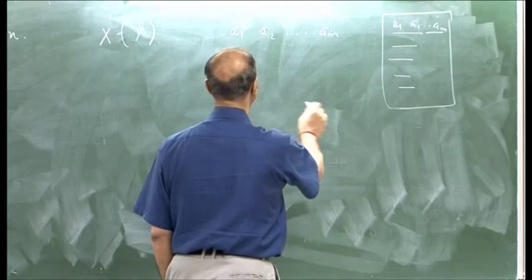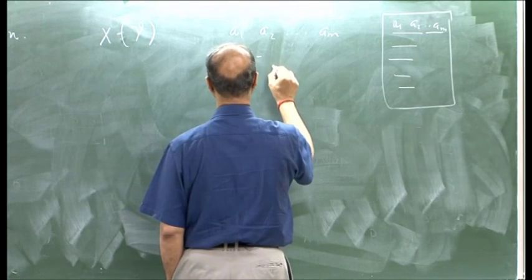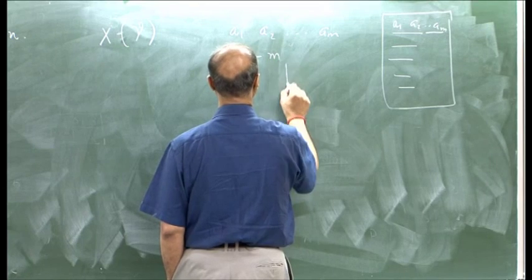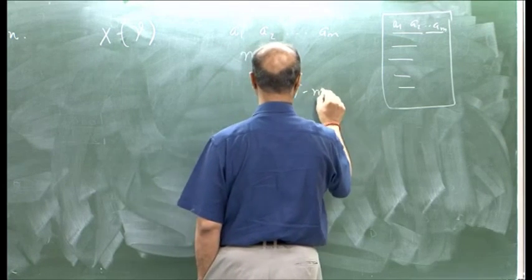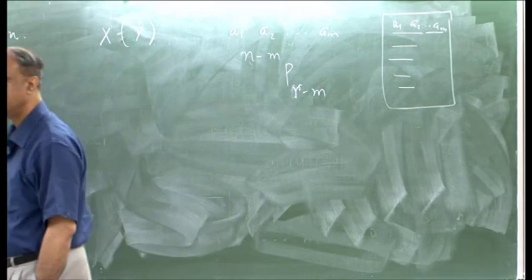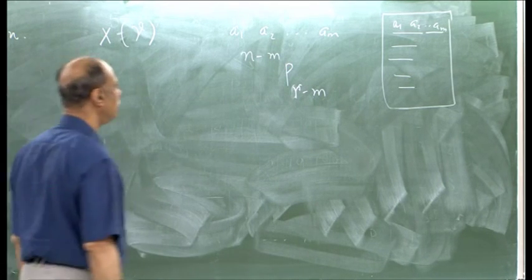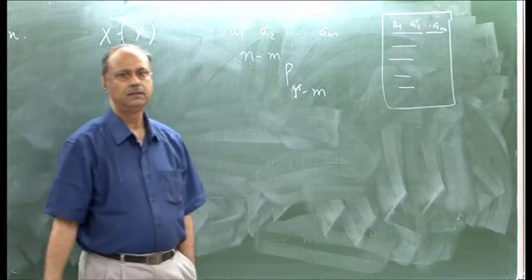And the number of such permutations is n minus m P r minus m. So there exist n minus m P r minus m permutations whose first elements you will find a1, a2, up to am.